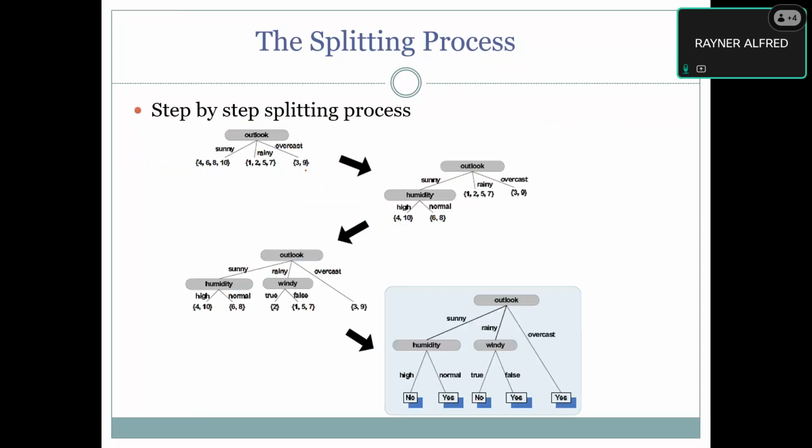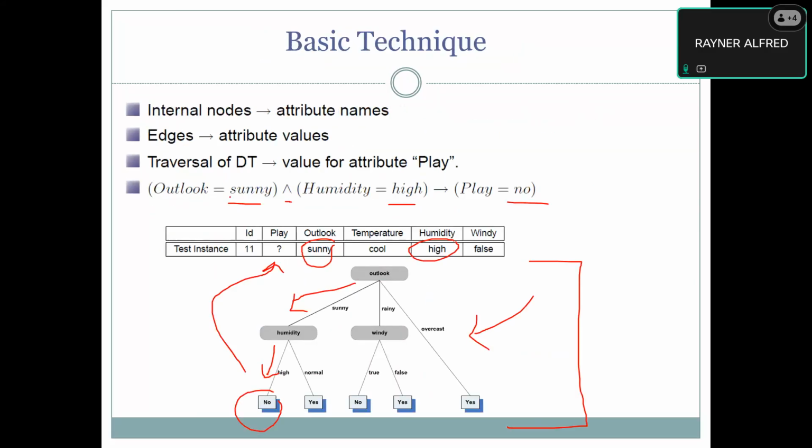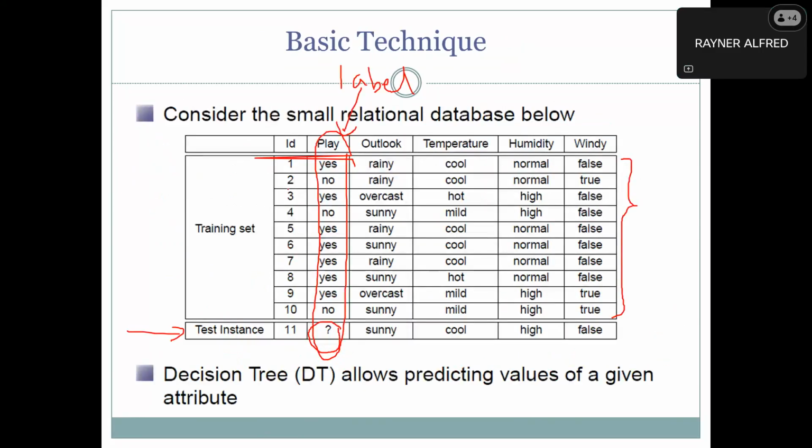For example, step by step. First we look at the outlook, and over here we have the record ID. From here we can compute the entropy because we have the label. For example, records 4, 6, and 10 in our data set have no, yes, yes, and 10.